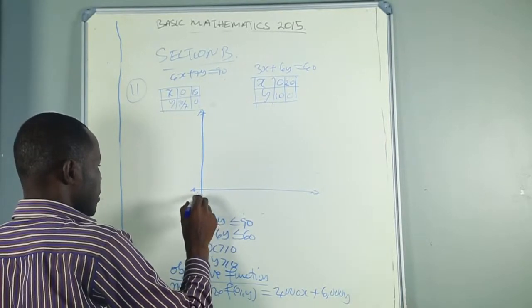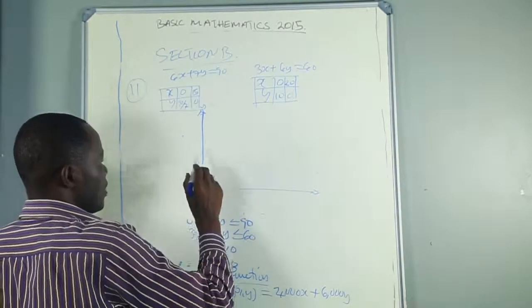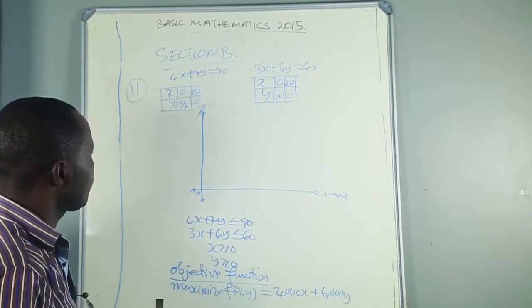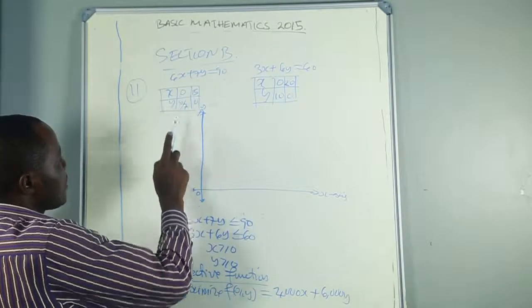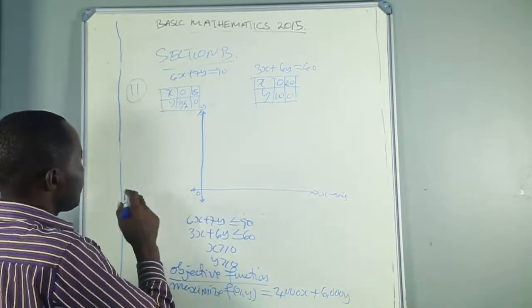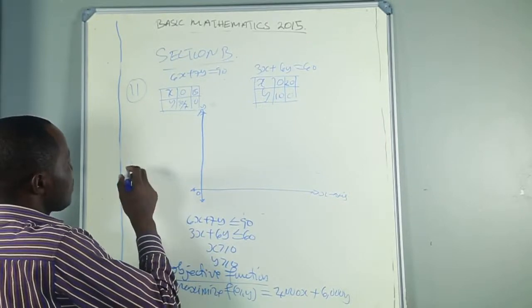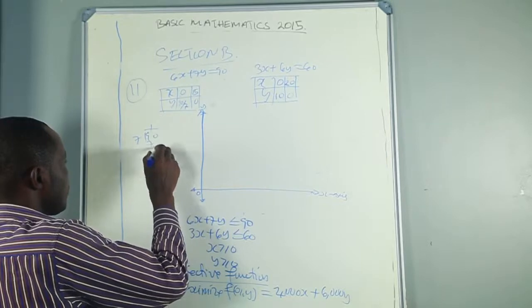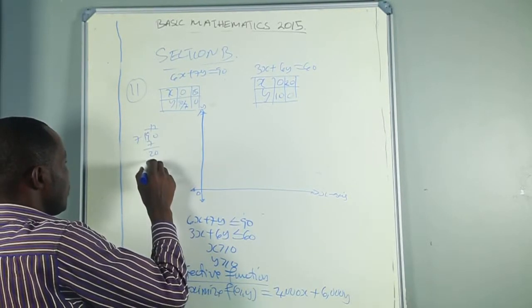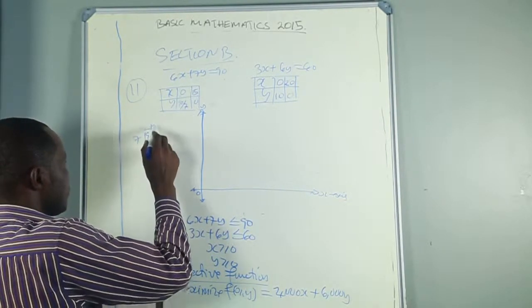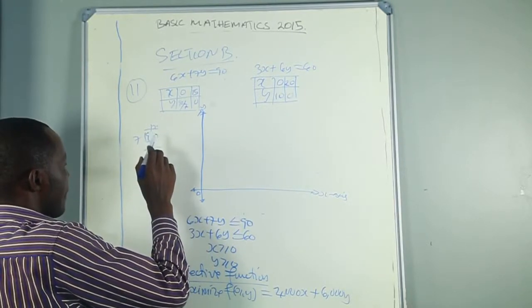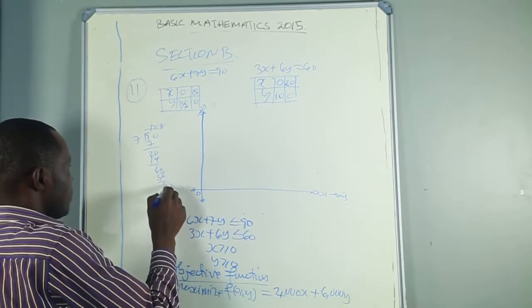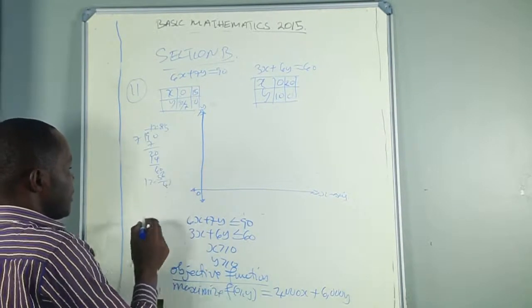We draw the graph. This is 0, this one is the y-axis and the x-axis. First, x is 0 and y is 90 divided by 7, which is 12.9.